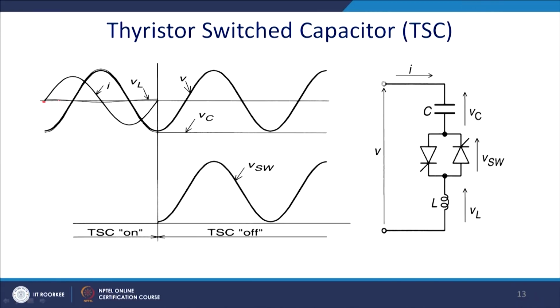So, what happens when it is switched? This is the current, which is almost lagging by 90 degrees, and this small value is the inductor voltage. This is the supply voltage, and here you have switched it off.